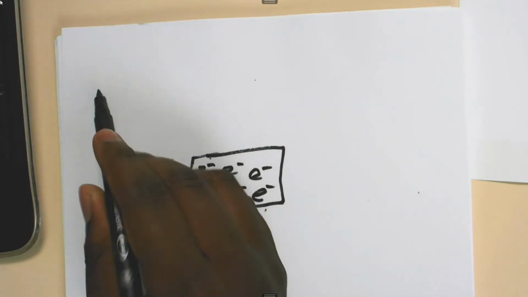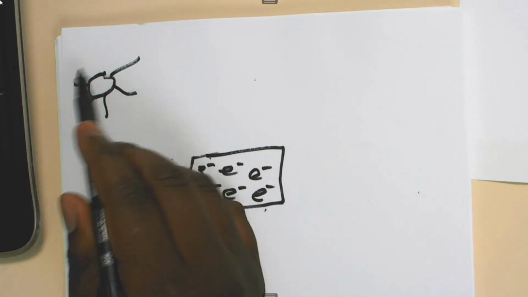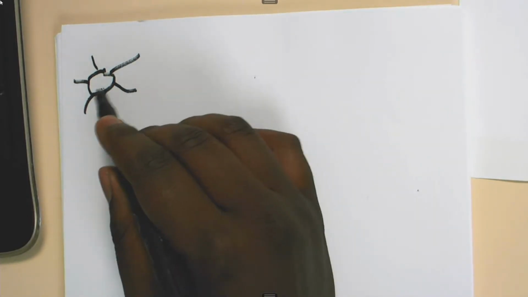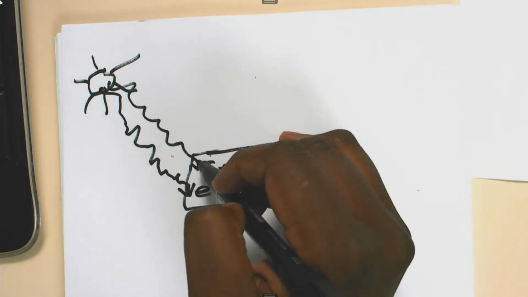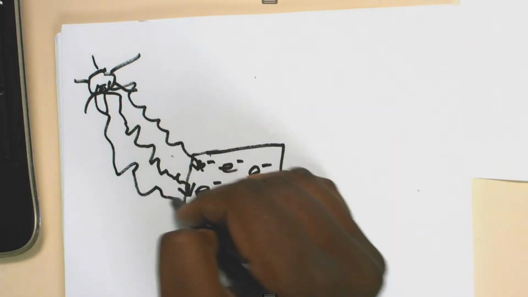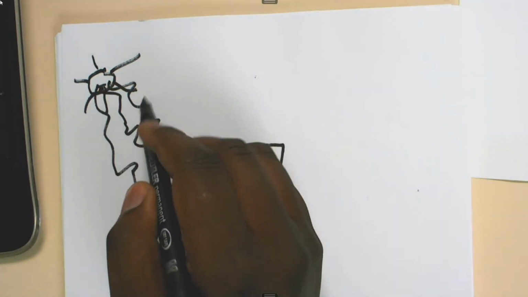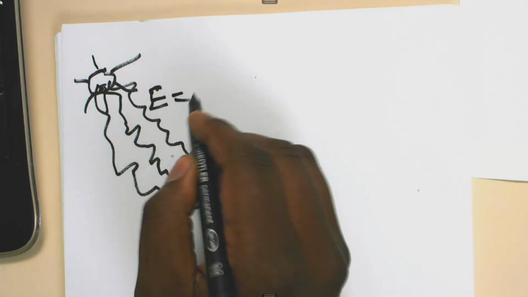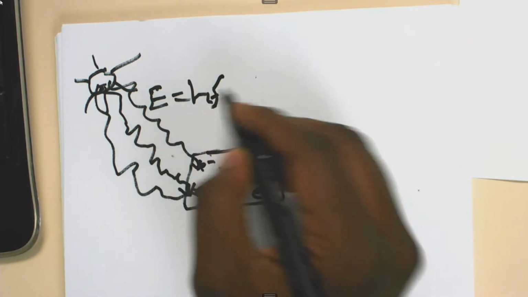And when light is shown onto the metal, let's say it is the sun, for instance, the photons coming from the sun will go and hit the metal, or the electrons, because as they move, they come as packets of energy. And the packet of energy is given by E equals Planck's constant multiplied by frequency.